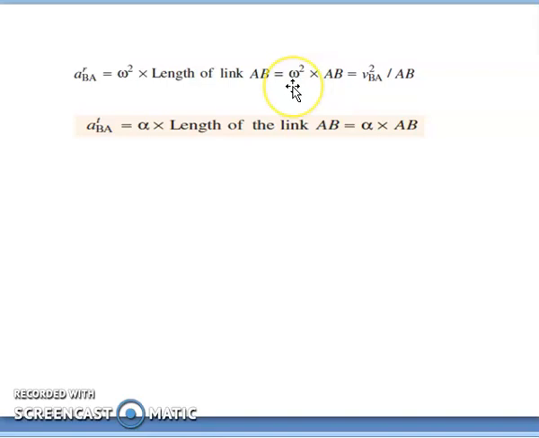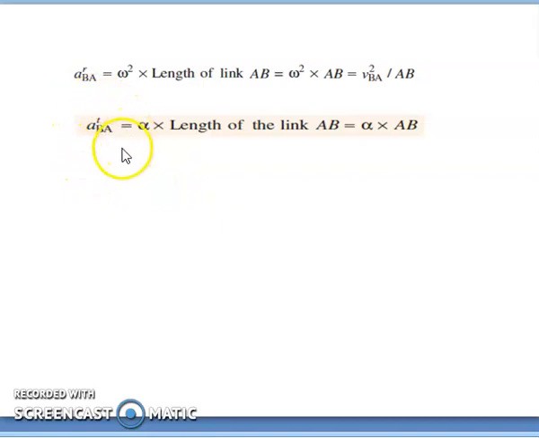So instead of omega, we can write V square BA divided by AB square. Already you have one AB here, so those two will get cancelled. So you have V square BA divided by AB. So the radial component of B with respect to A is equal to the velocity of B with respect to A squared divided by AB, the radius of rotation, which in this case is the length of the link.